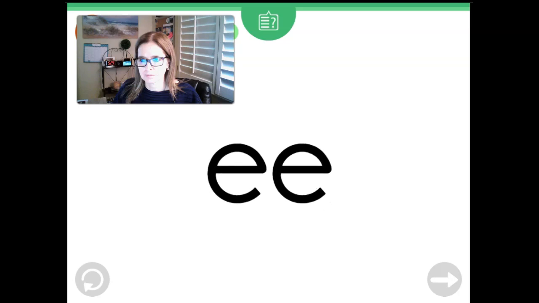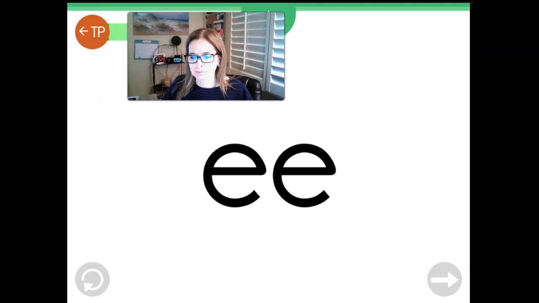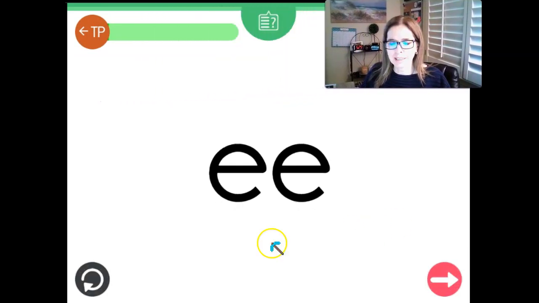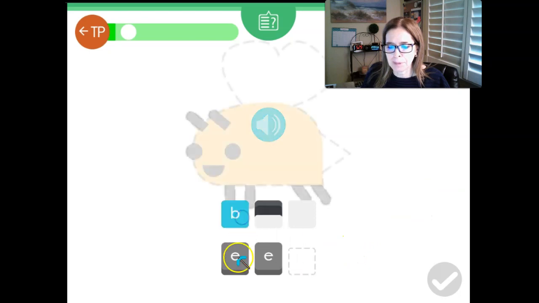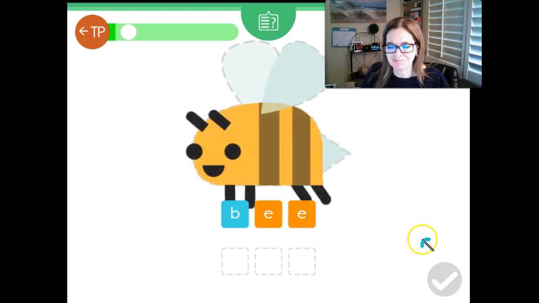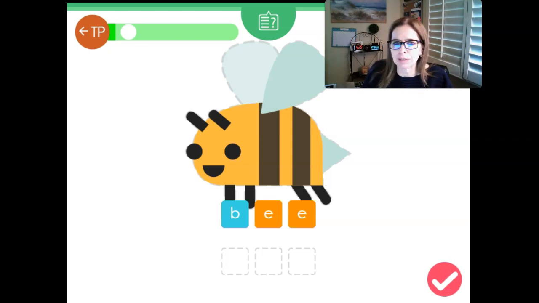E, E, as in bee. So once again, we see two letters that are spelling one sound. This is the spelling for the sound E as in bee. Notice when I was building the sound, I said each sound that I was building.